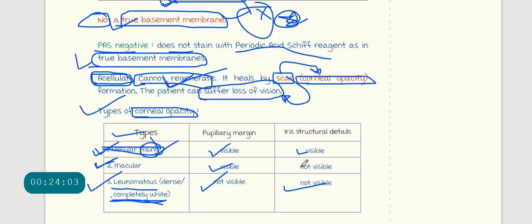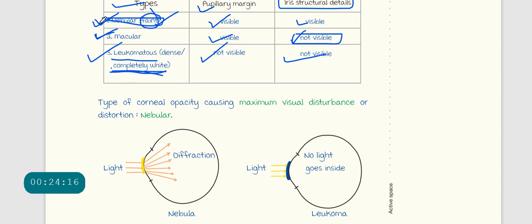So here we have a diagrammatic image of nebula. This is the light source and it can easily pass through the cornea. But in leucomatous, the light source cannot easily pass through, or cannot even pass through. The pupil is not visible.